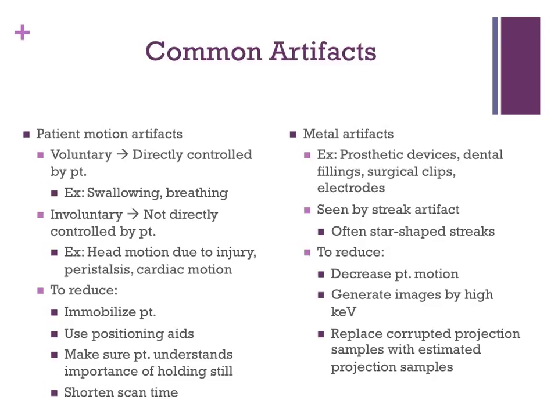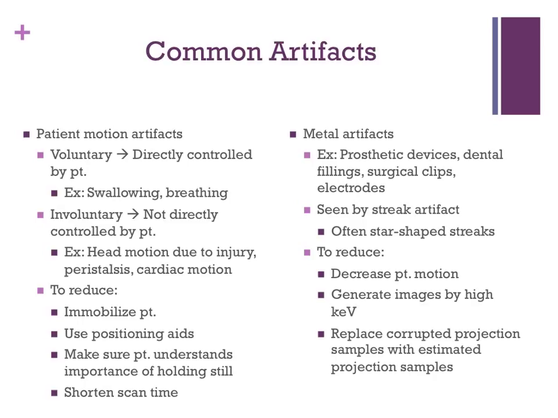Both of these appear as streaks that show high contrast edges of the moving part. Motion artifact can even be seen when oral contrast moves in the GI tract, which is actually pretty interesting. To reduce it, you'll need to immobilize the patient and use positioning aids to make them comfortable and ensure the patients understand the importance of holding still. Another method to reduce this artifact is to shorten scan time.